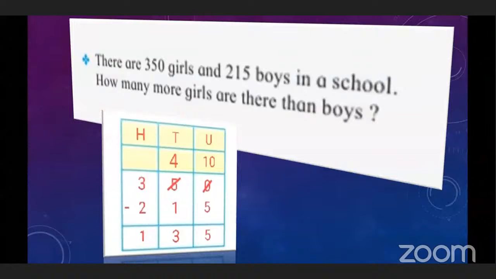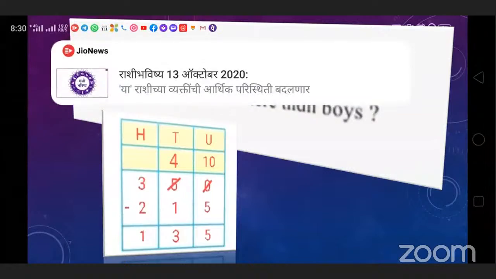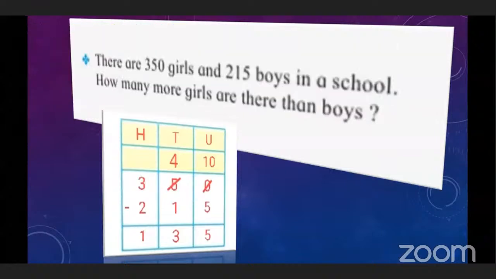I repeat the line. There are 350 girls and 215 boys in a school. The question is, how many more girls are there than boys?